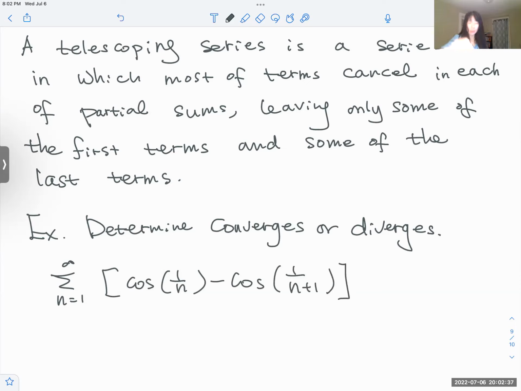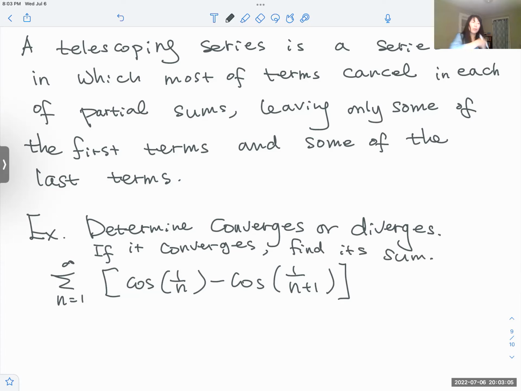So if it converges, then find its sum. They say that. So let me write down: if it converges, find its sum.